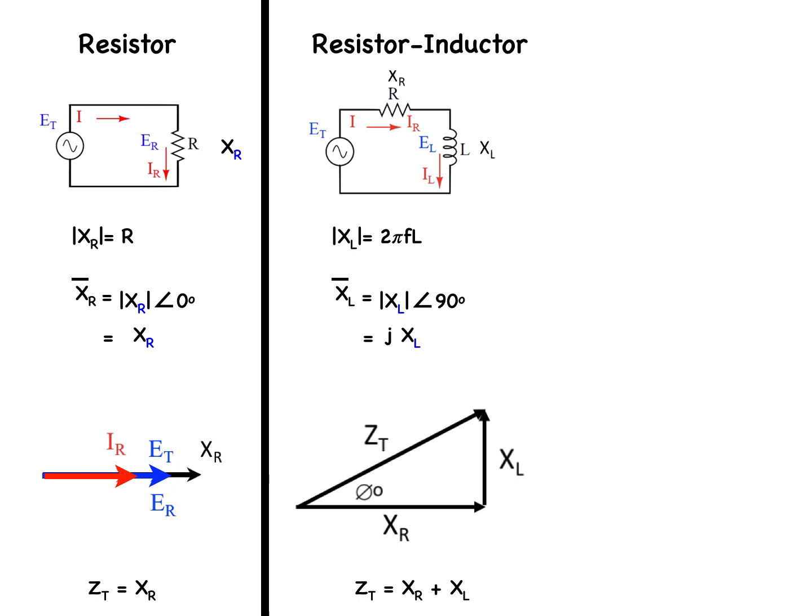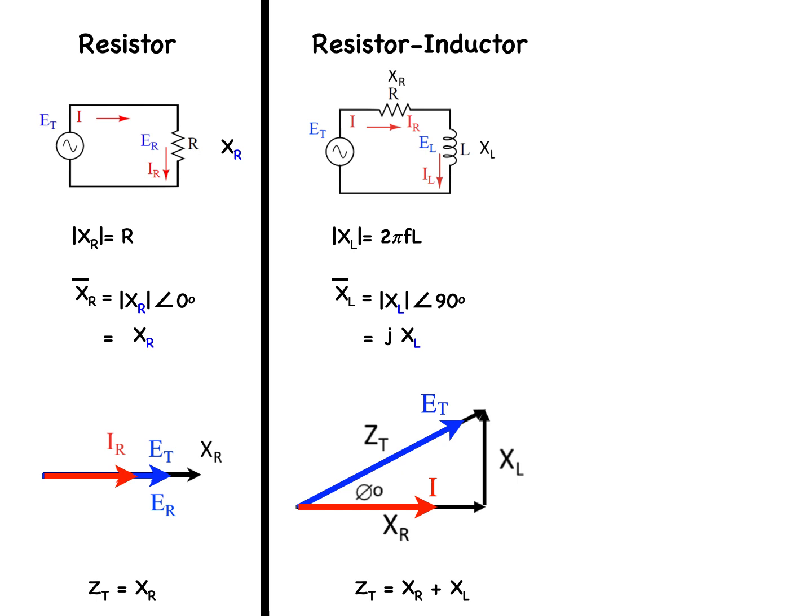The total impedance ZT is made up of the sum of the reactance of the resistor and the reactance of the inductor. If we added the source voltage, we would find that it's in phase with the total impedance of the circuit, which is not unusual. It would lie along the same direction as the impedance ZT, but the current for the circuit is going to be displaced by phi degrees.